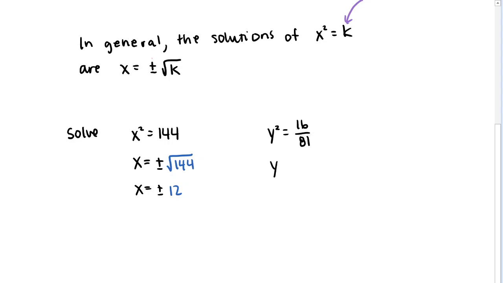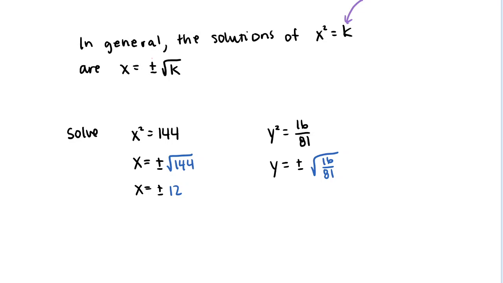And then here we can do the same thing. We can say y is equal to plus or minus the square root of 16 over 81. And here this feels a little bit less comfortable. We're dealing with fractions now, and the square roots of fractions might be a little confusing. But if we just remember that when we multiply fractions, we multiply numerator to numerator, denominator to denominator, well, what fraction squared would give us 16 over 81?